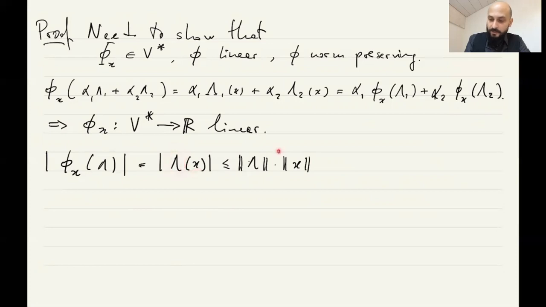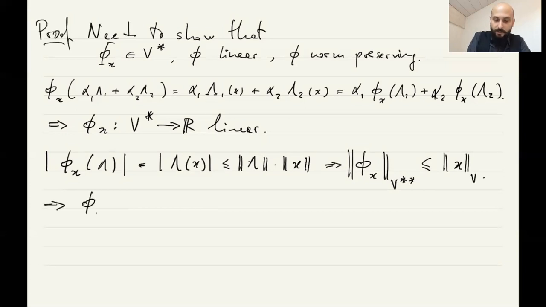So x is fixed, and this tells us that the map as a map on lambda is bounded. And therefore, the operator norm of Phi-x in V star star is bounded by the norm of x in V. So we proved that Phi-x is in the double dual.